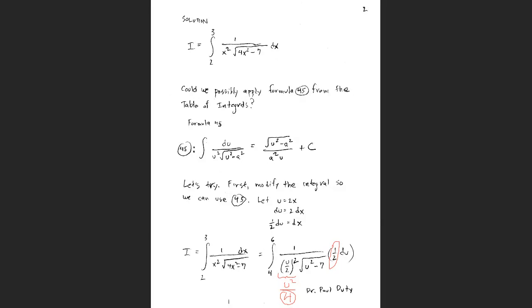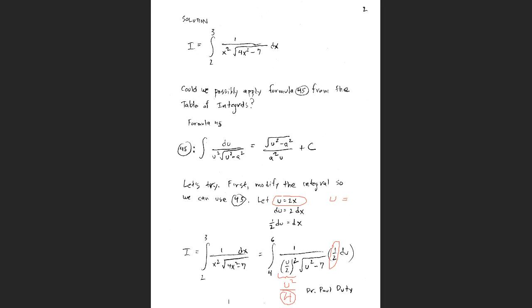So for me, real quickly, I understand that we had 4x as the u, or 2x as the u? Yeah, 2x, that's what I meant. And then I want to know, how would we get u over 2 for the x squared times the square root at the bottom?